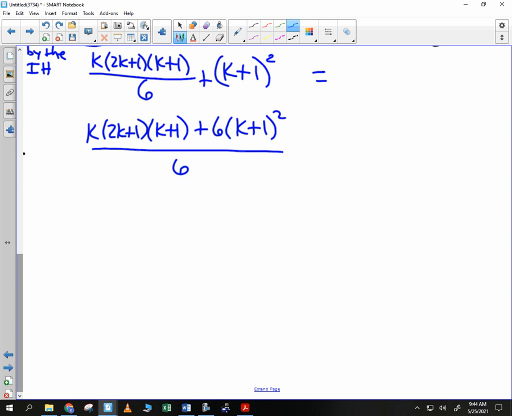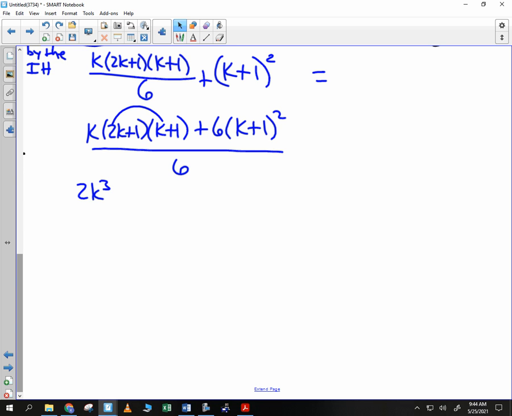All right, so now we're going to have some terms that could combine here, right? So let's multiply this thing out. 2K times K, and then times a K, will give us 2K cubed. Great. What I'm doing is kind of two steps here.